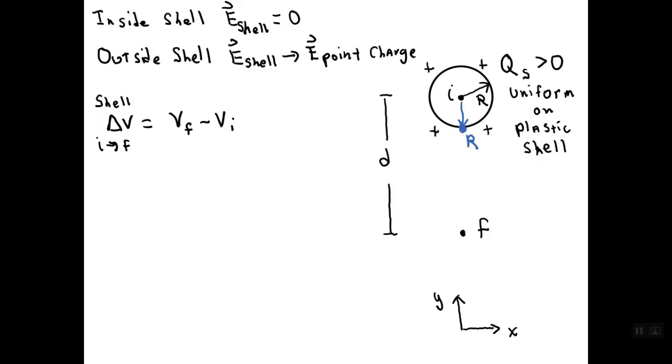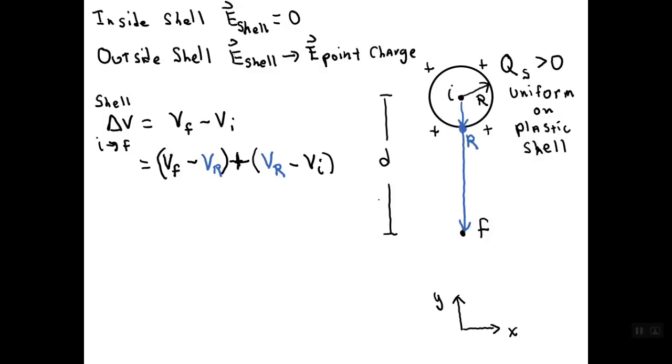Breaking up the path into two parts, we first go from location I to the location at the surface. The potential difference for that is V sub R minus V sub I. And the second part of the path is from the surface to location F. The potential difference for that piece is V sub F minus V sub R. The sum of these gives the total change in electric potential for the shell.